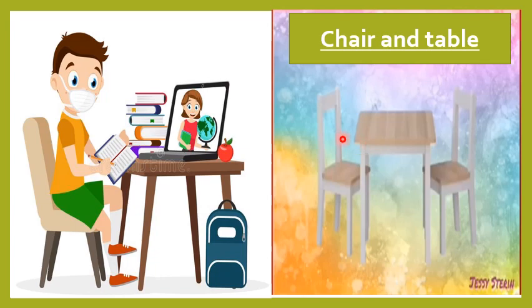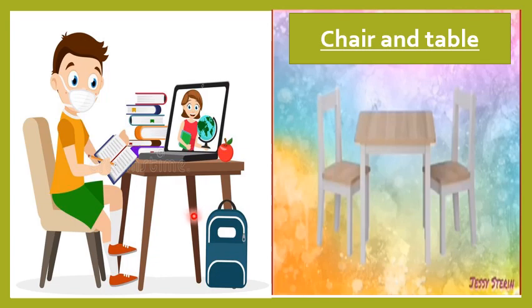Now tell me, how will you study on a table without a chair, children? No. The answer is you need a chair along with a table to study on it. So, table and chair is a word pair.